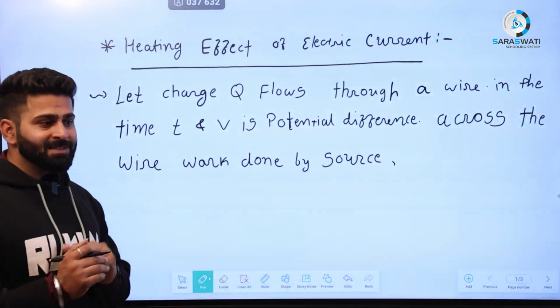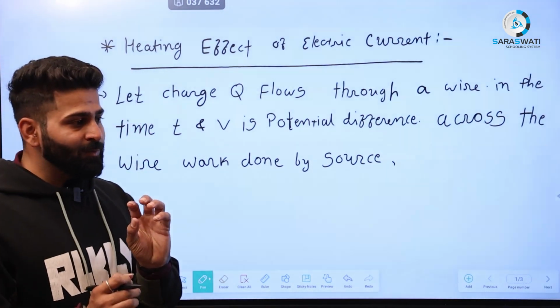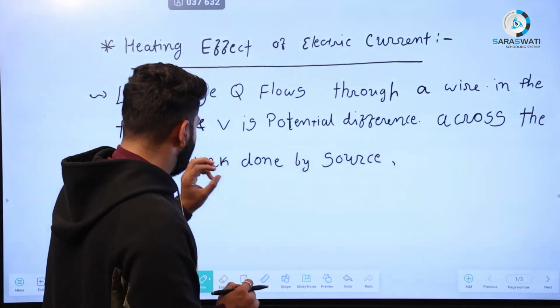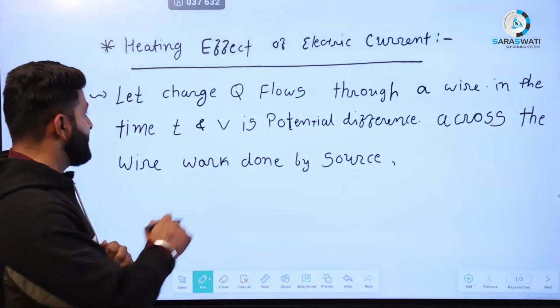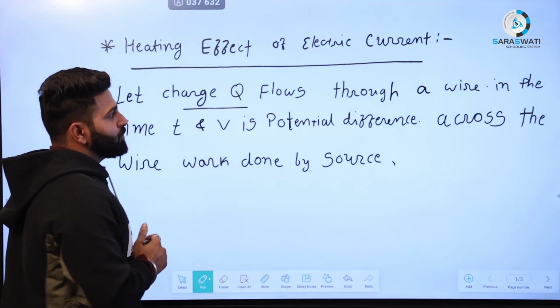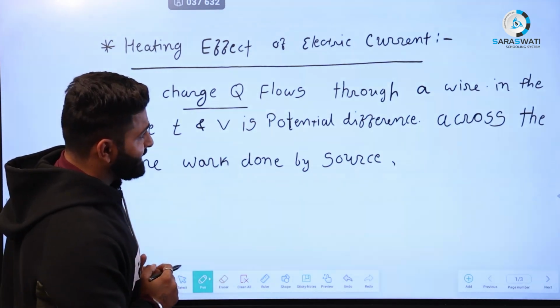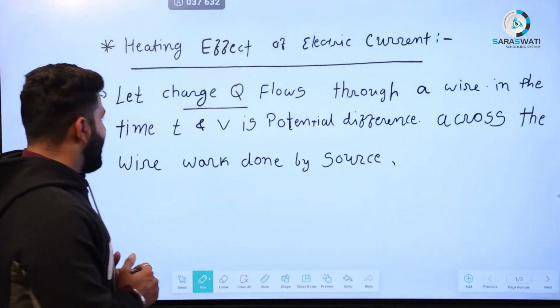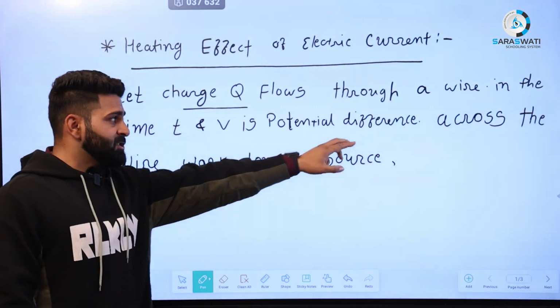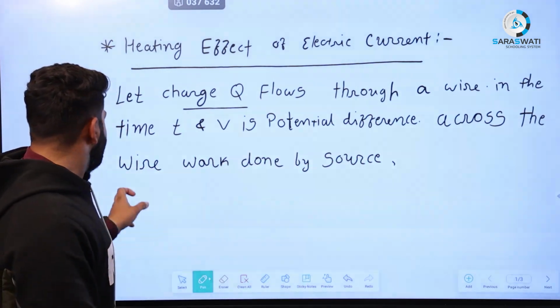First of all, you have to describe whatever you have learned from your formula. Let charge Q flow through the wire in time t, and V is the potential difference across the wire.